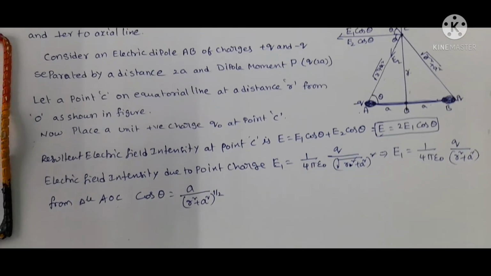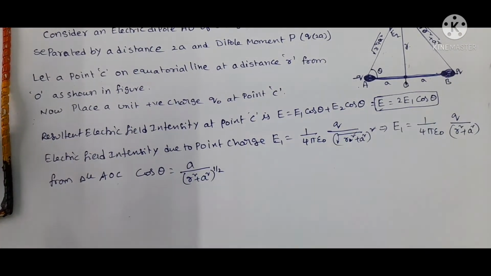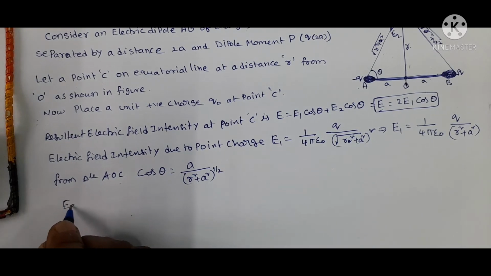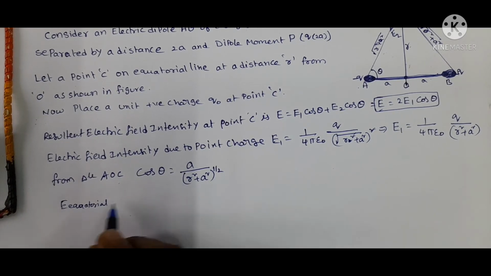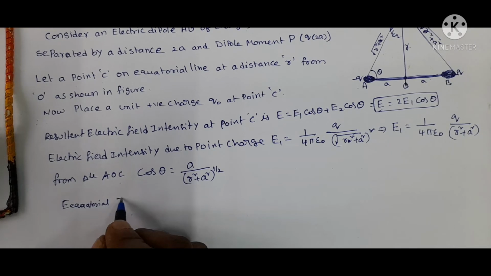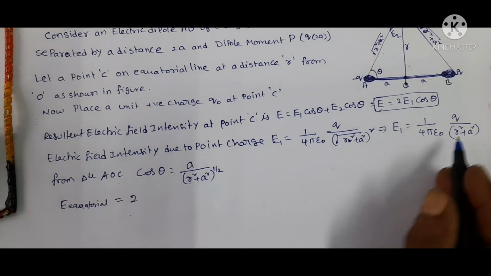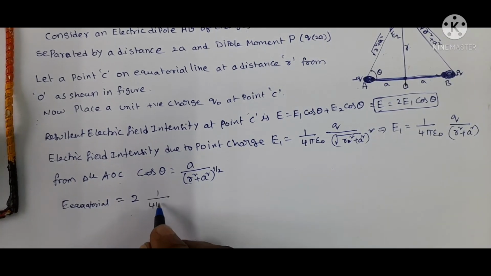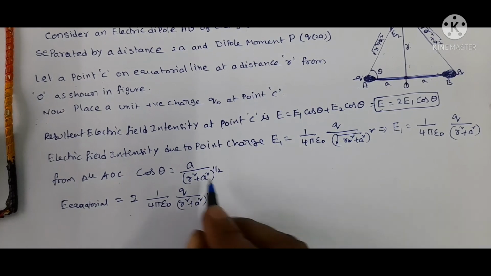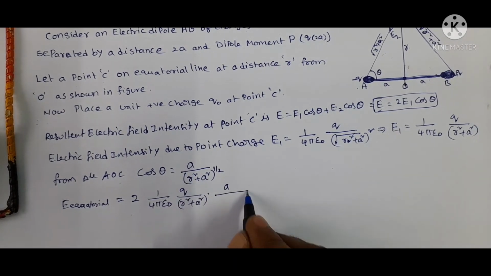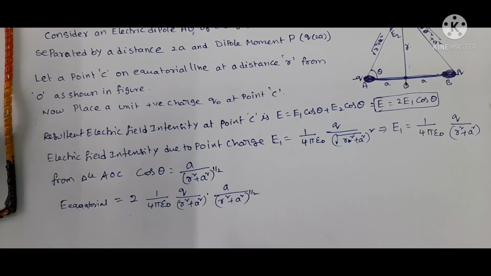Now finally you can easily determine from this formula E equatorial is equal to 2 into E1, that is 1 by 4 pi epsilon naught Q by R square plus A square, into cos theta, that is A by R square plus A square whole power 1 by 2.